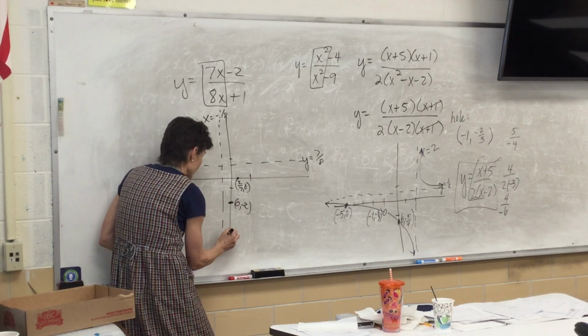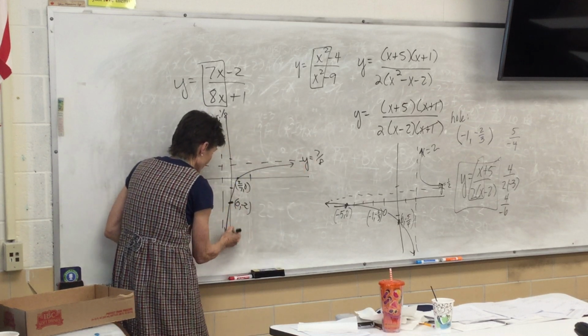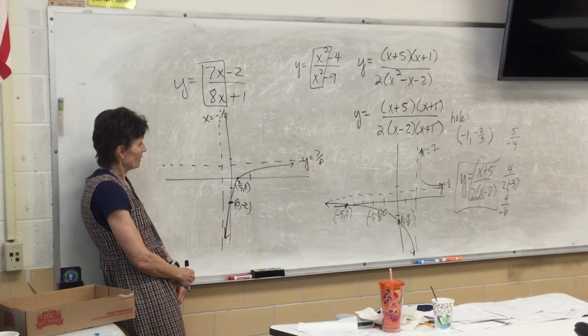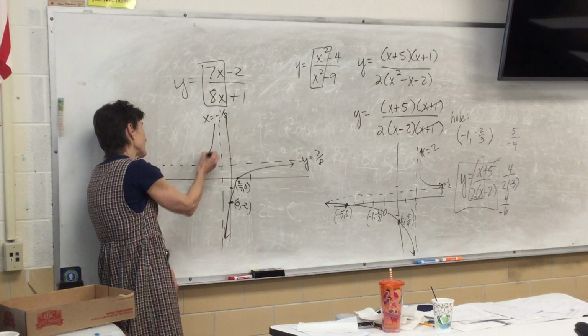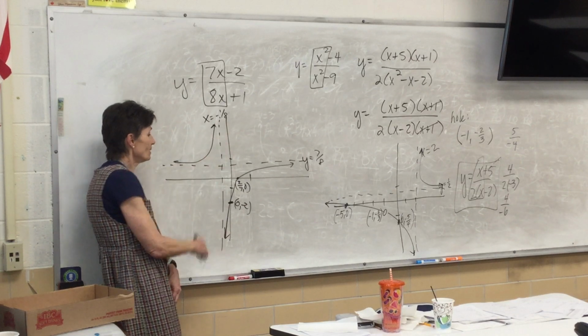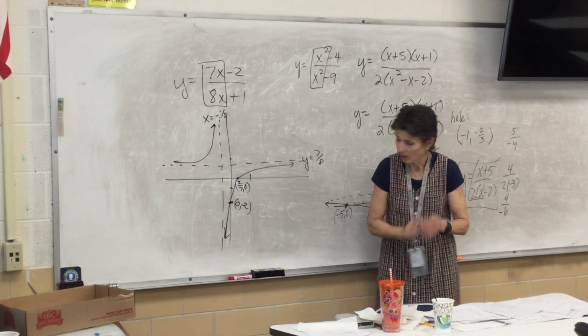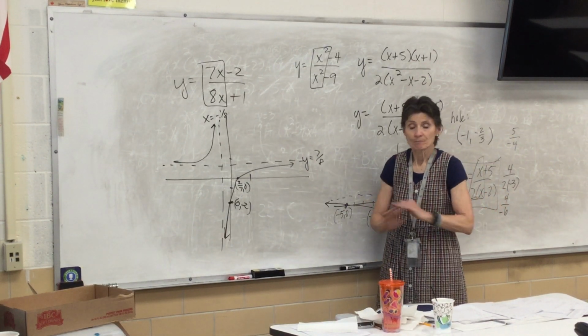Now, I'm going to connect my dots over here. There's no holes, obviously, no factoring, no canceling. And then I bet you know where the other piece is. The only place it can be, right here. So again, that was a very, very easy problem, but it has a lot of fractions in it. Nothing to worry about, no big deal.